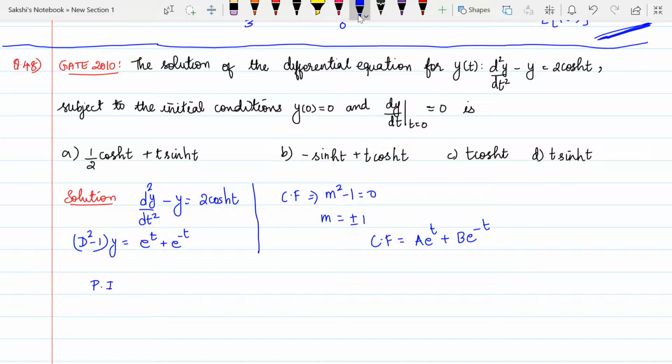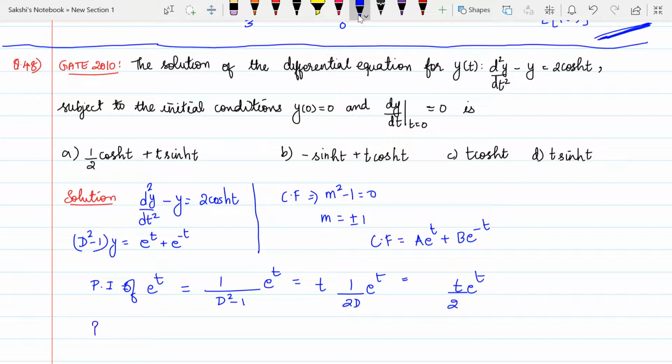Now I have to find the particular integral. So I'm going to find the particular integral of e power t and e power minus t. So particular integral of e power t will be equal to 1 divided by d square minus 1 e power t. Now when I substitute 1 over here, this will become 0. So I'm going to do the second step, which is differentiation. So I'm going to write this as t times 1 by 2d e power t, which will give me t by 2 into e power t.